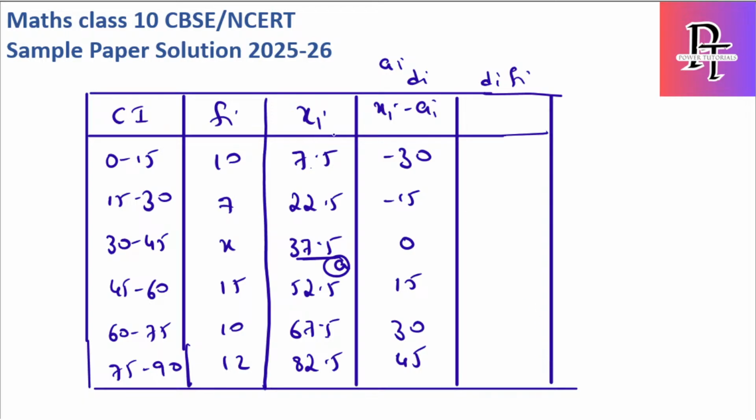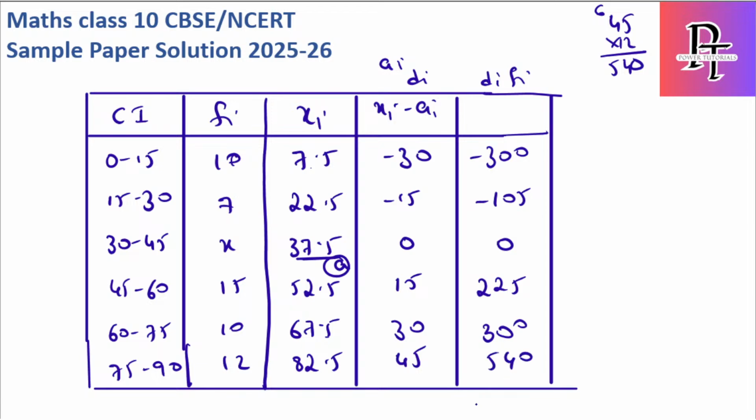So di is this one, fi is this one, so minus 30 into 10 is minus 300, 15 into 7, minus 105, this will be 0, 15 into 15 is 225, 30 times 10 is 300, 45 into 12 we have to do, 12 fives are 60, 12 fours are 48, 48 plus 6, 54. Okay, we have to add all this, and then we have to add all frequencies as well.